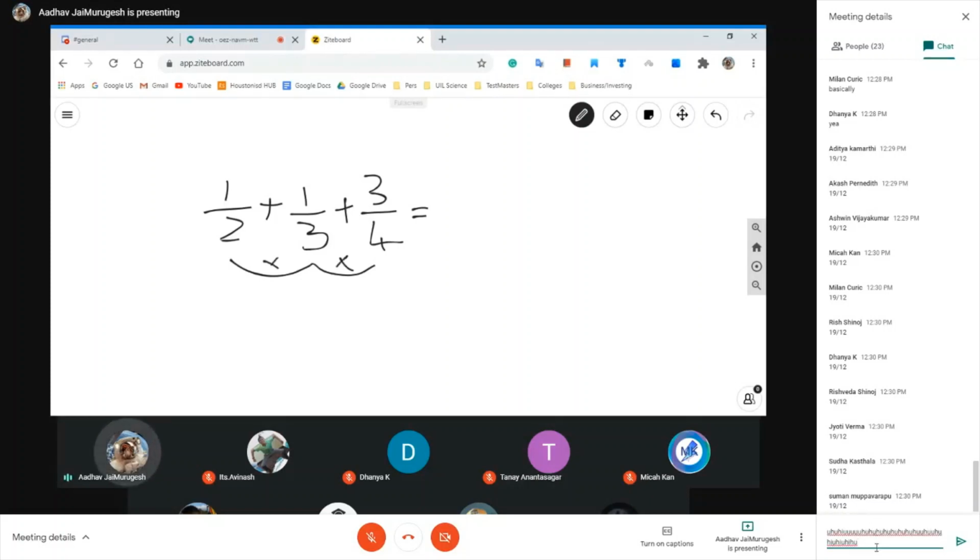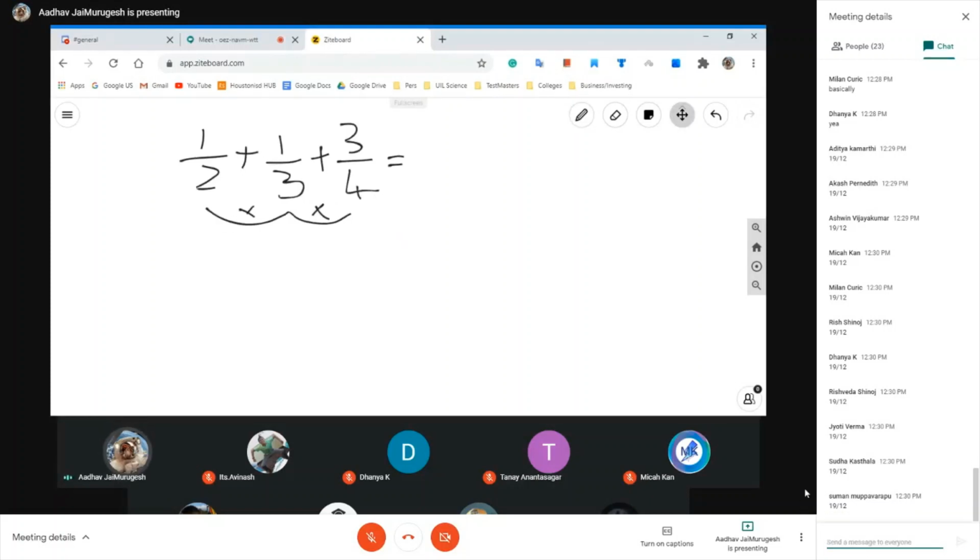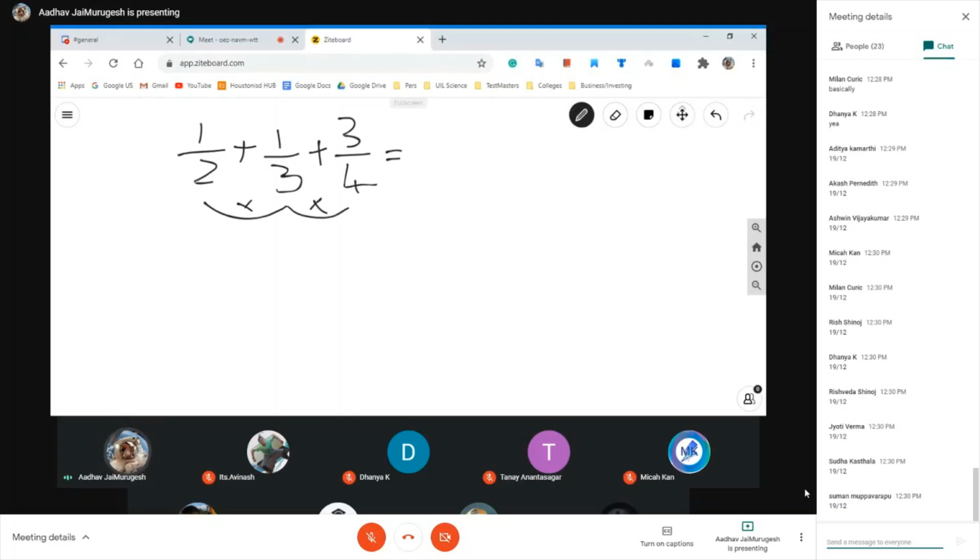Let me scoot this so I have some writing space. We multiply 2 times 3 times 4, and that's step 1. That gives you an answer of 24. And 24 is going to be our denominator, right?